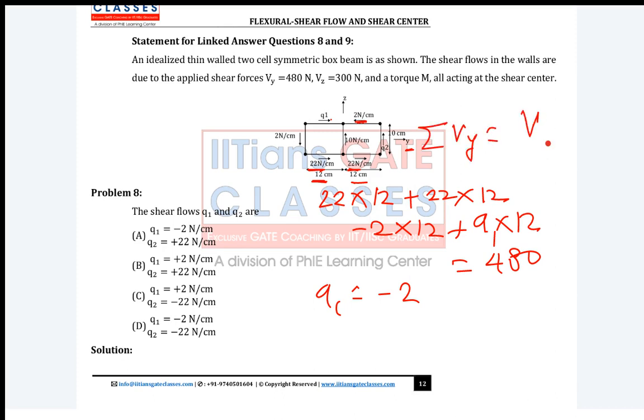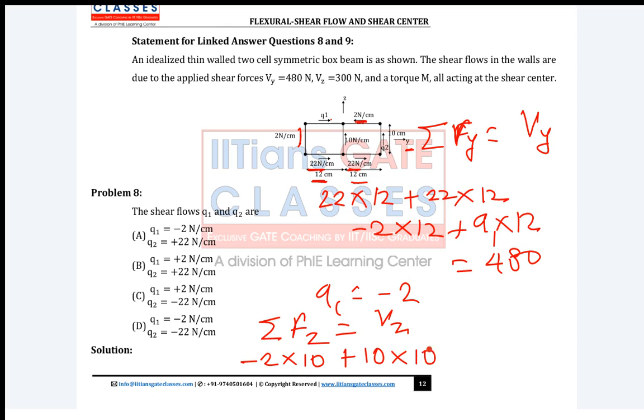Now do sigma Fz. Sigma Fz is equal to Vz, the vertical direction. Now you take this shear flow, it is going downward and positive is upward. So it is minus q2 into 10. The middle one is going upward, so it is plus q1 into 10.